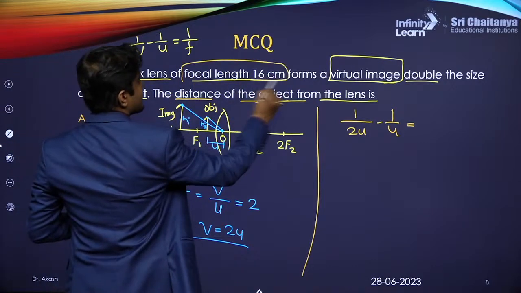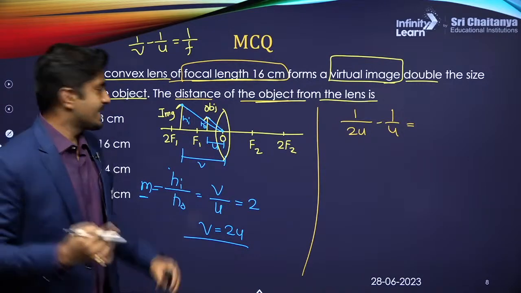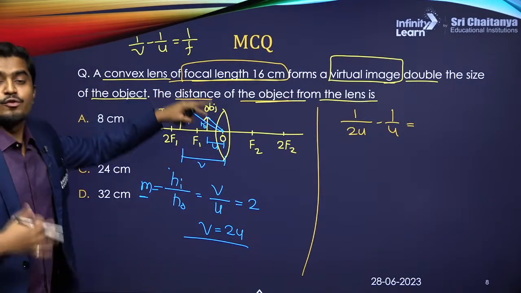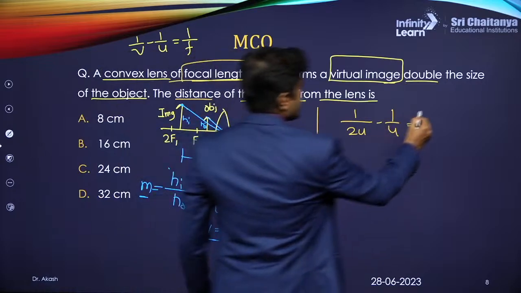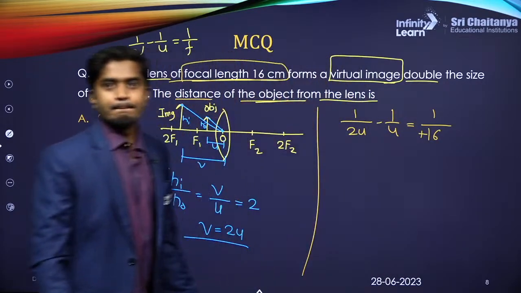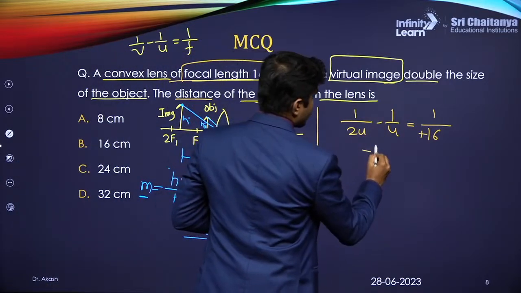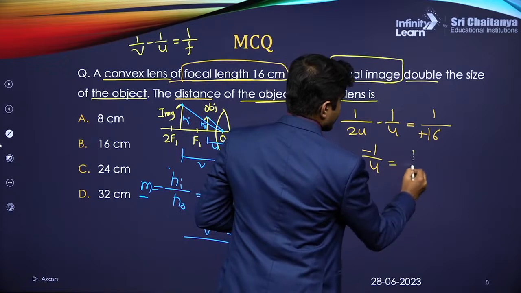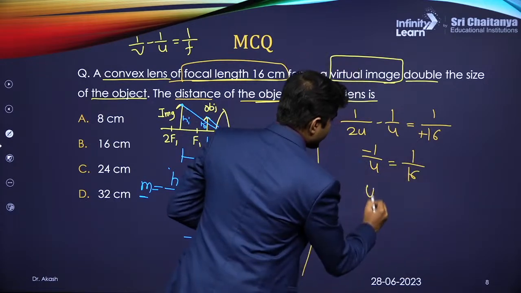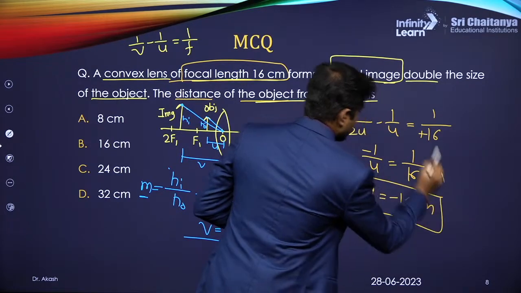The focal length is 16 centimeter. This is a convex lens, so the focal length is positive. So it is 1 by 16, plus 16. Now simplify. There is 1 minus 2, which is minus 1 by U, equal to 1 by 16. So from here U is minus 16 centimeter.